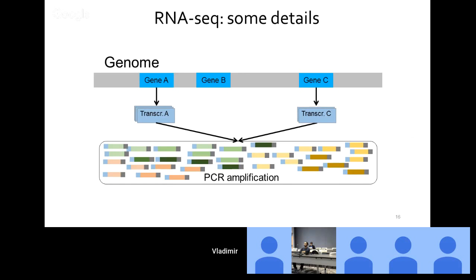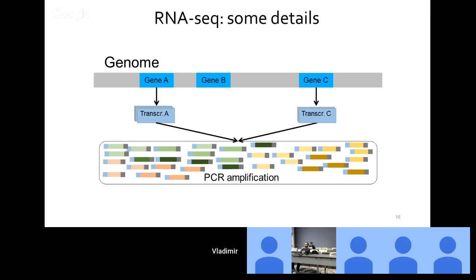Then a so-called PCR amplification step is performed, when for each segment with adapters ligated, multiple copies are produced. At each iteration of this PCR amplification, the number of copies is doubled. So, for example, if we have 6 rounds of PCR amplification, the number of copies will be 2 to the power of 6, that is 64.